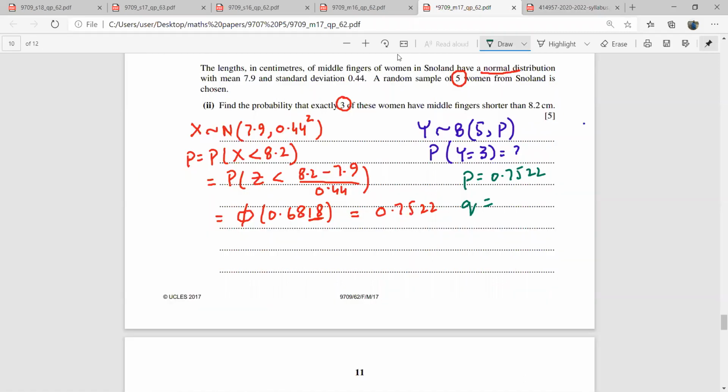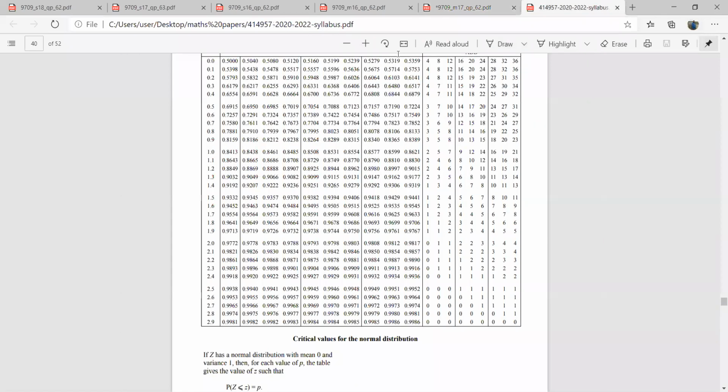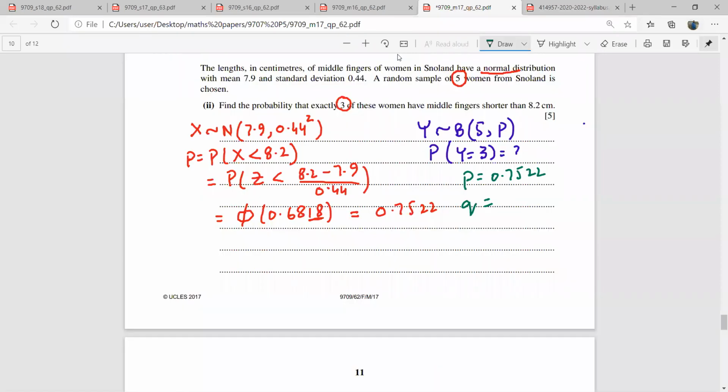This was 0.682. Yeah, you're right, beta. You are absolutely right. There is a 4 over here. Thank you, beta, for the correction. So 1 minus 0.7524, we have 0.2476.